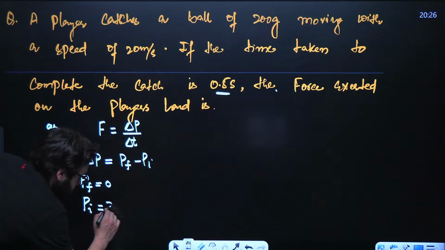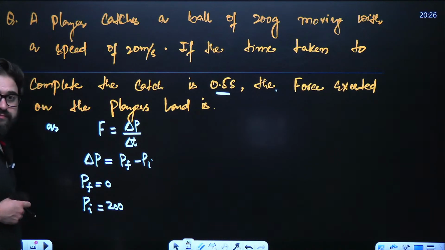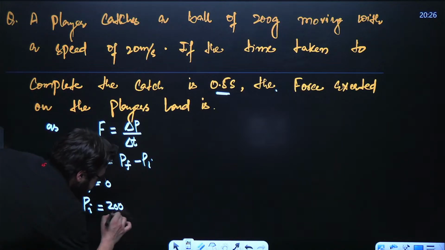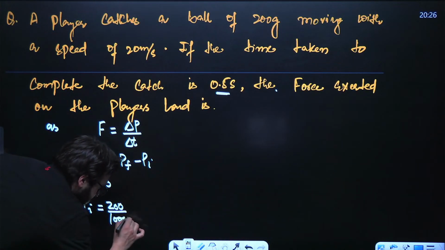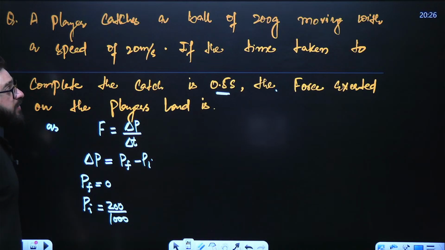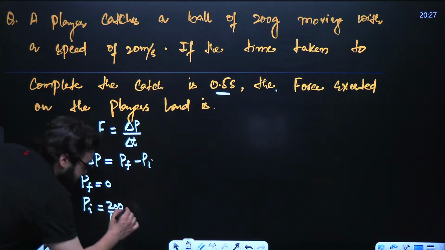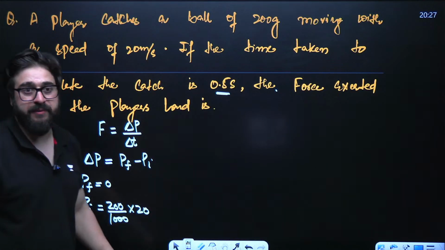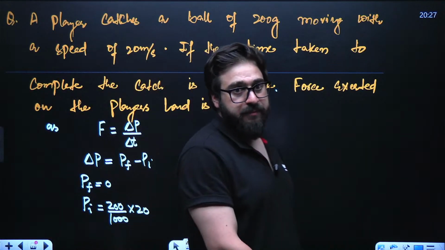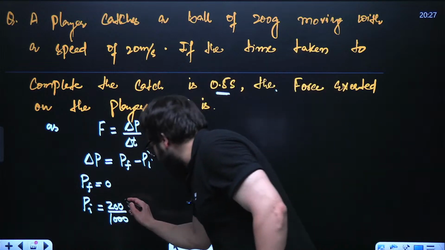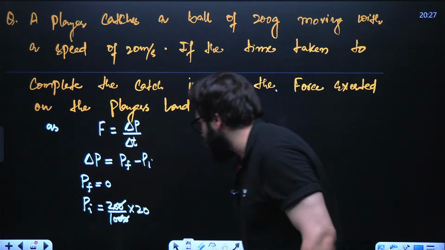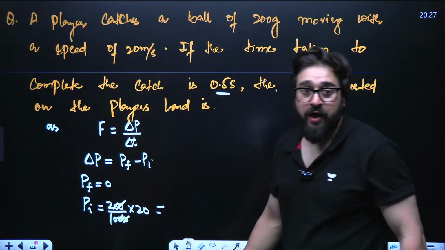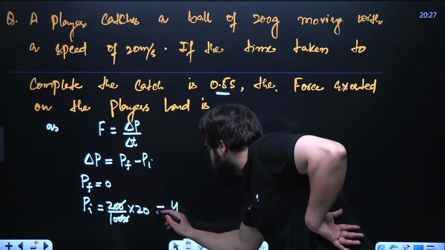That is 200 grams, and divide it by 1000, it will come out in kgs. 200 grams multiplied by velocity. Velocity is 20 meters per second. So this will come out to be 4.